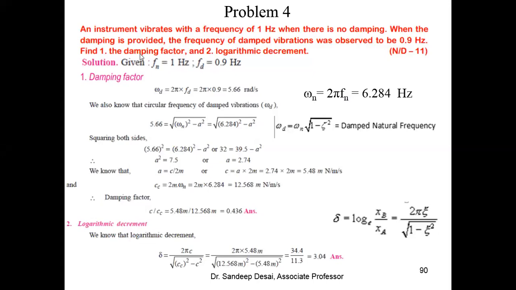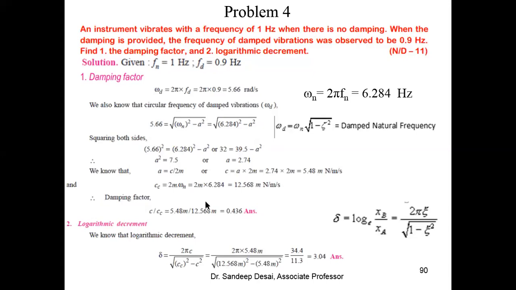So you need to determine zeta, and zeta is equal to C upon Cc, actual damping coefficient upon critical damping coefficient. Delta, logarithmic decrement, delta is equal to 2 pi zeta upon under root 1 minus zeta square.